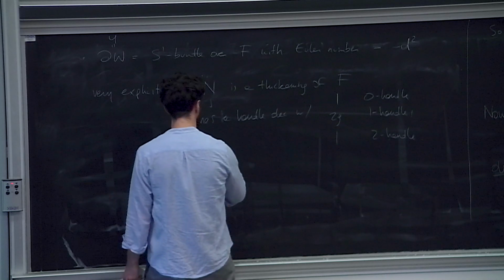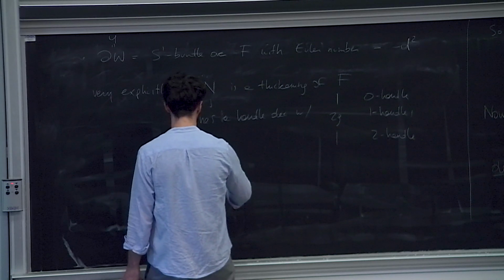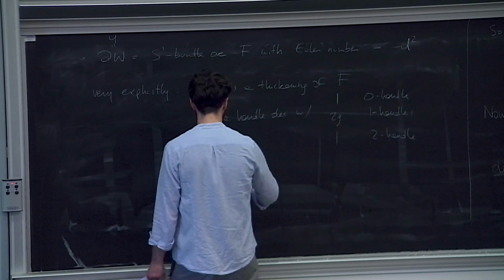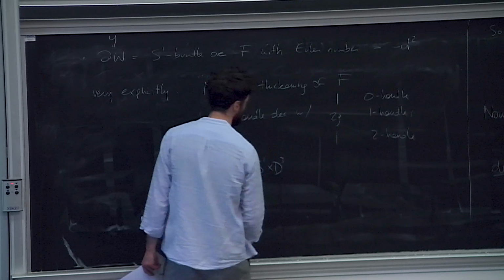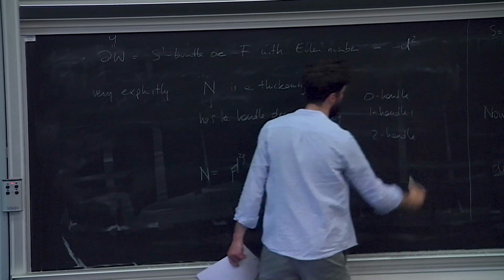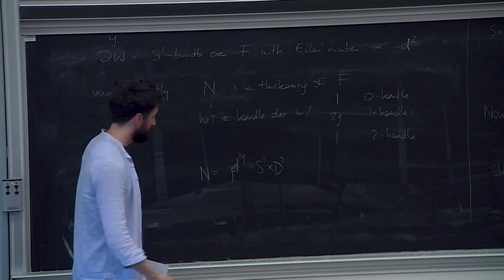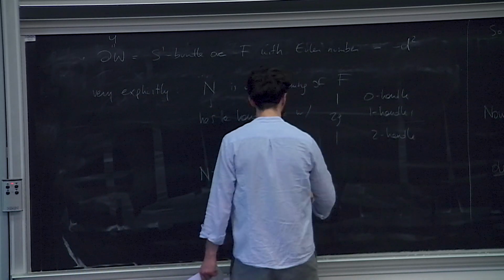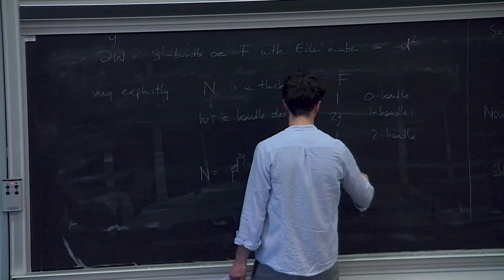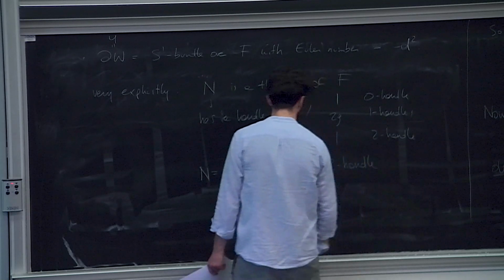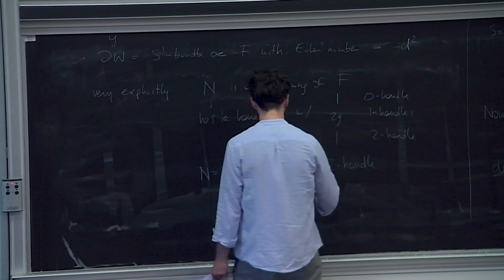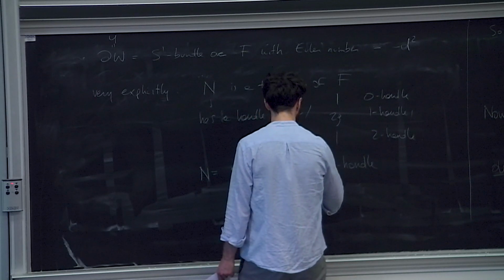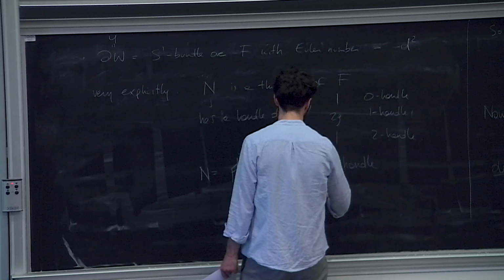So I can view N as the boundary connected sum of 2G copies of S1 cross D3. This is what I obtain up to adding the 1-handles. Union a 2-handle, which is attached along the so-called Borromean knot, or the genus G Borromean knot, with framing minus d squared.